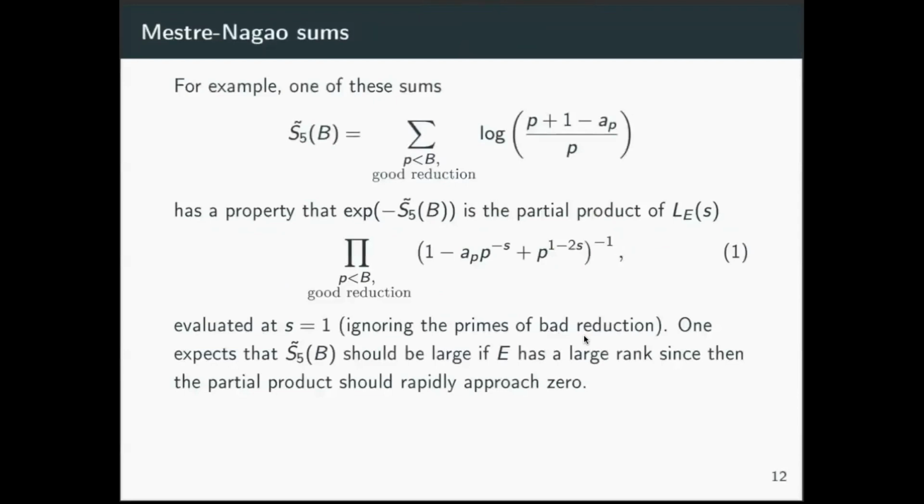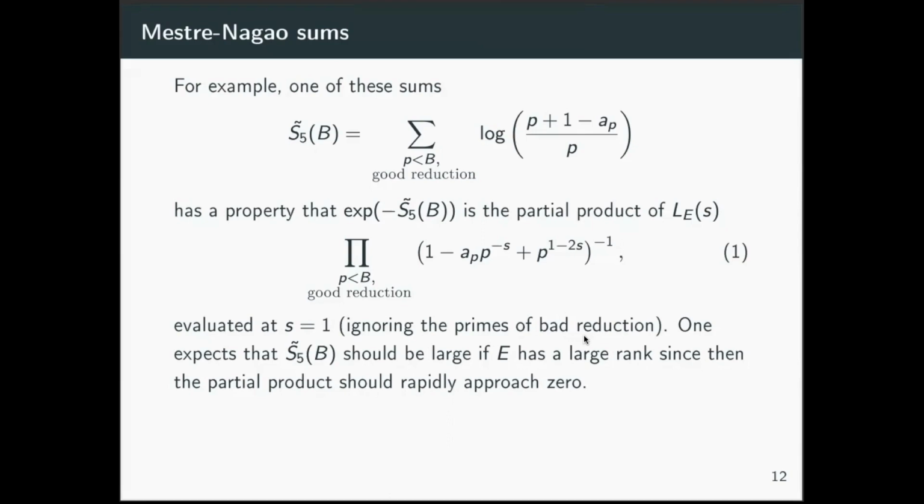So this is an example of one of these sums. It takes this parameter B, which is the bound for the primes that we're looking at, and we'll look at the following sum. The reason why we're looking at this sum in particular is that if you take the exponential of this function over here, you'll really get the partial product of that L-function evaluated at s equal to 1.